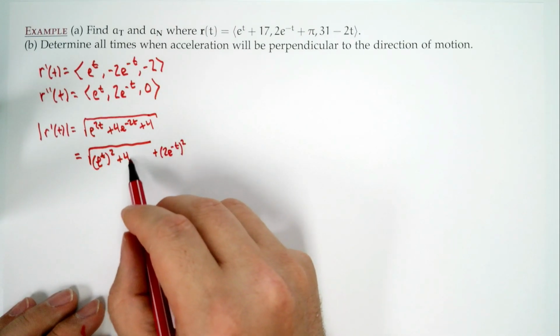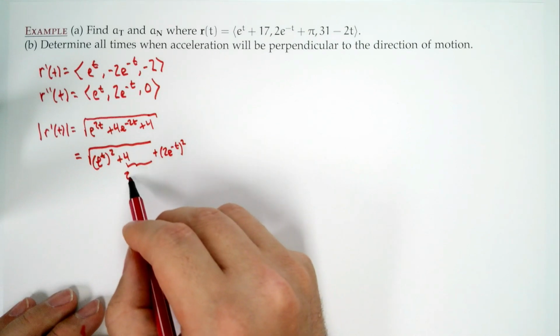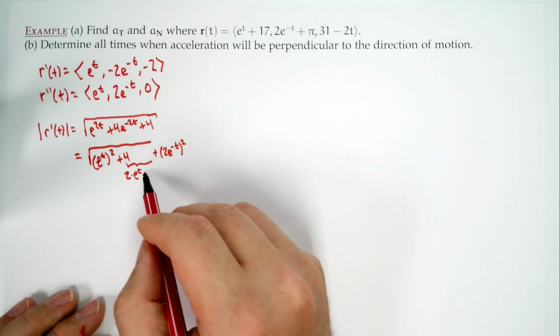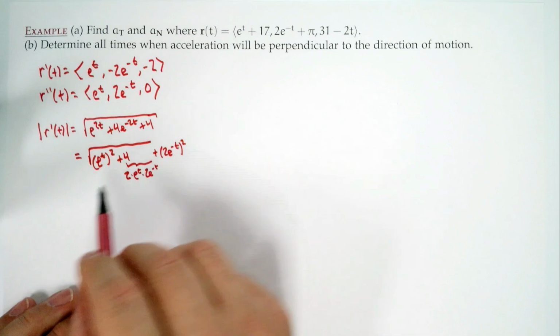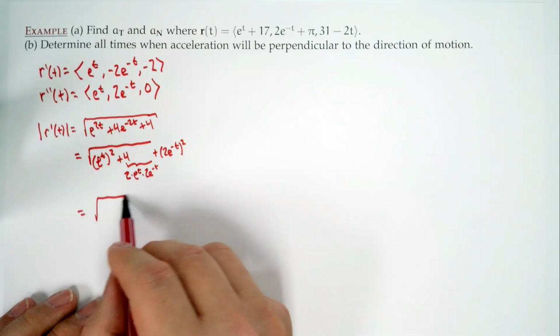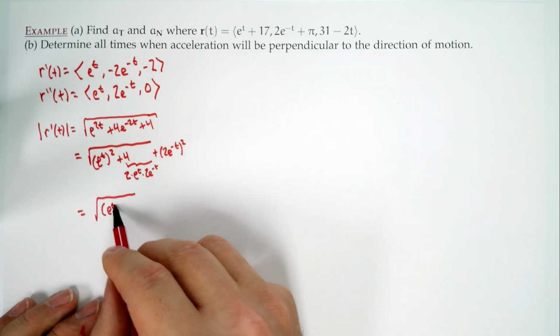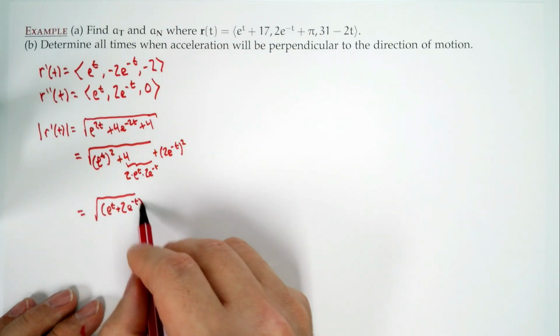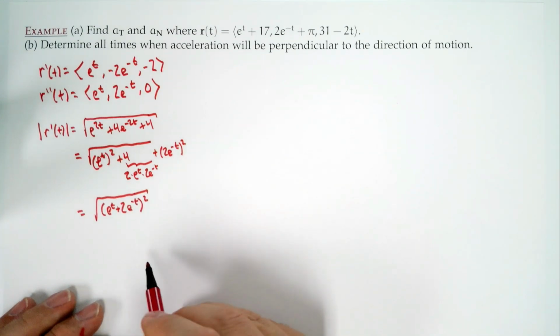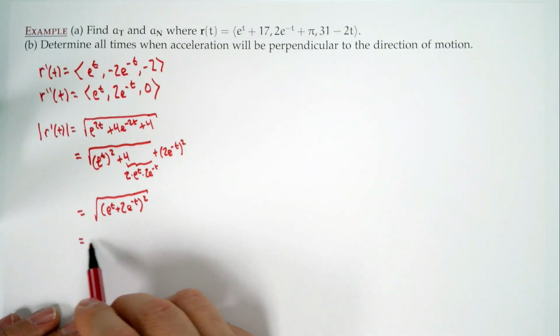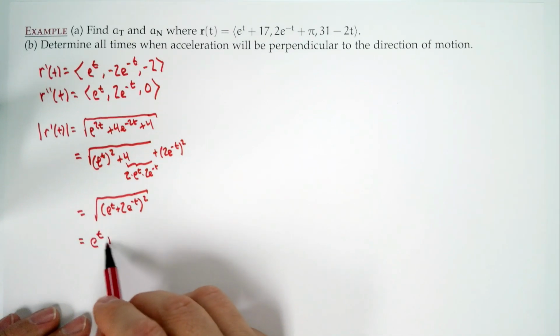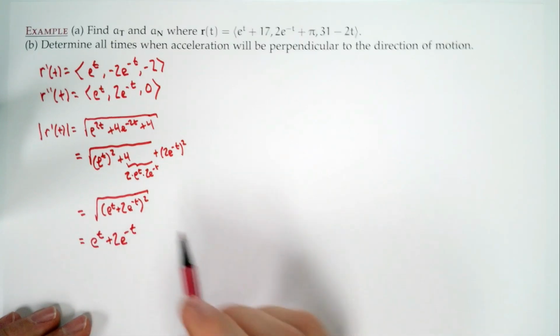And really what happens here is this 4 becomes 2 times e to the t times 2e to the minus t. So it's just of the right format. So it's the square root of e to the t plus 2e to the negative t, quantity squared, which means our magnitude is pretty simple. e to the t plus 2e to the negative t. Good.